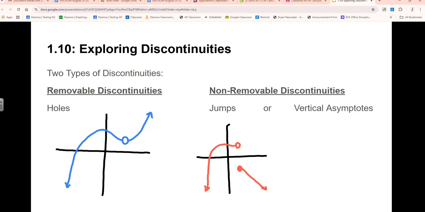These are typically on piecewise functions. So typically piecewise functions are where we're going to see this. There are a few types of other functions, but we don't really have to do this.